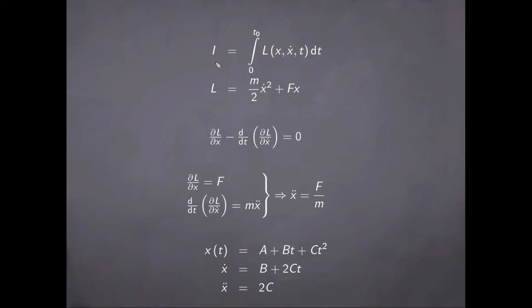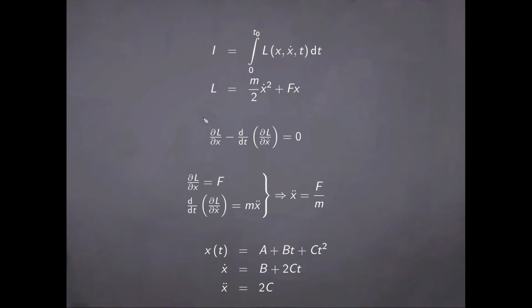So the action integral is given by the formula here. It's the integral from 0 to t0 of the system's Lagrangian. The Lagrangian itself is just the kinetic energy minus the potential, which is just plus F times x.